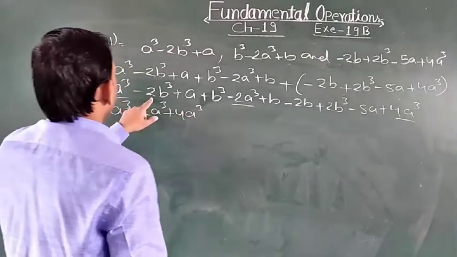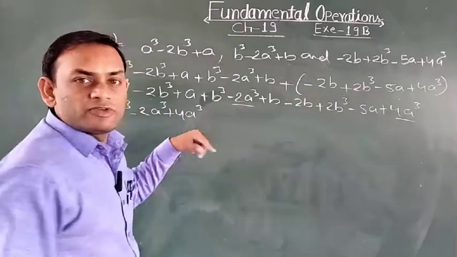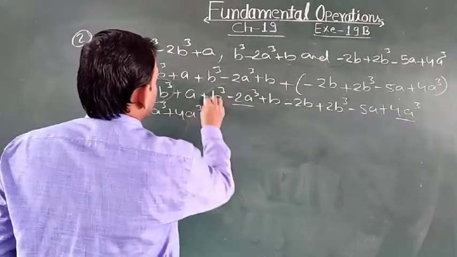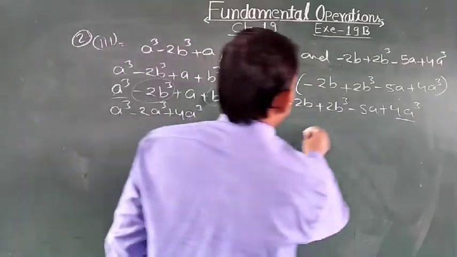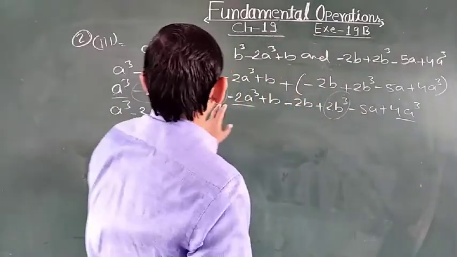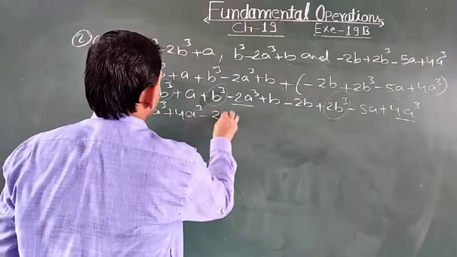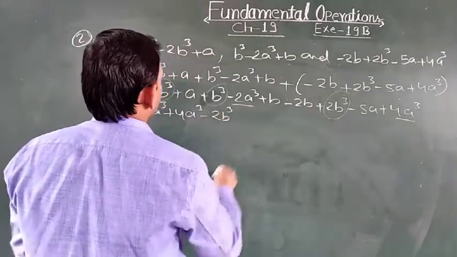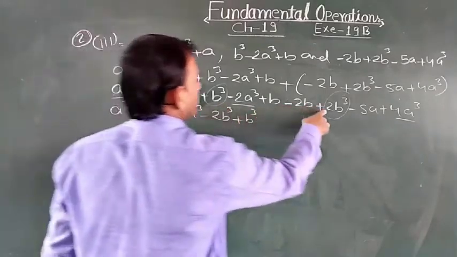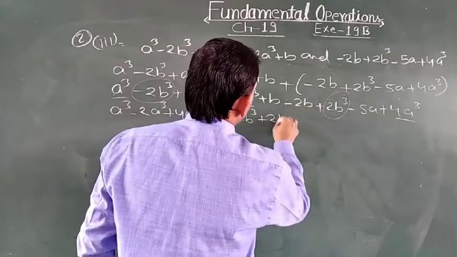After that, we will write all the terms in which b cube is there. Here b cube is there, and here b cube is there. 1, 2, 3 terms are there. So minus 2b cube and plus b cube, and then plus 2b cube.